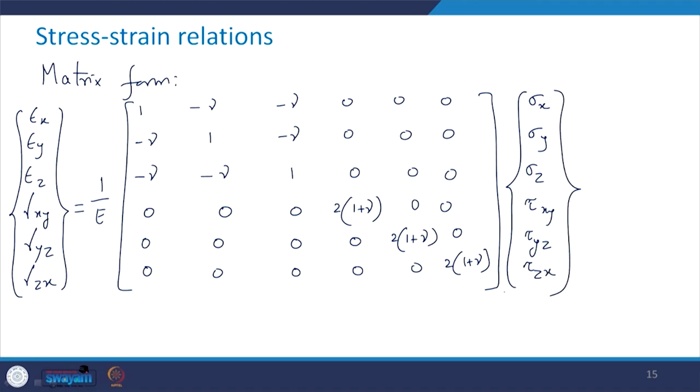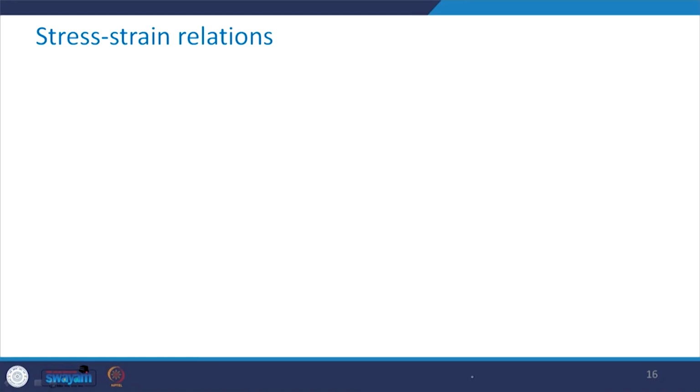So, this is how the strain can be written in terms of stresses. Similarly, you can write these stresses in the form of strains. Let us see how. Here now we will have the stress vector, that is sigma x, sigma y, sigma z, tau xy, tau yz and tau zx.